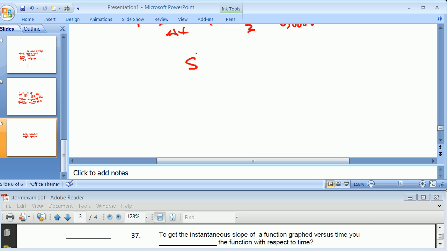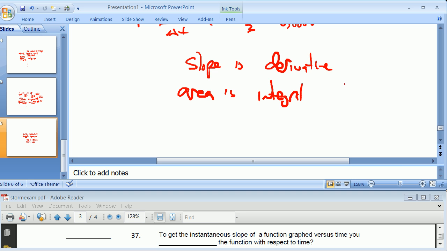Slope is derivative. Area is integral. And you must keep track of units. The area under a hydrograph, if it is feet cubed per second, and this is seconds over 1, it is cubic feet under a hydrograph.